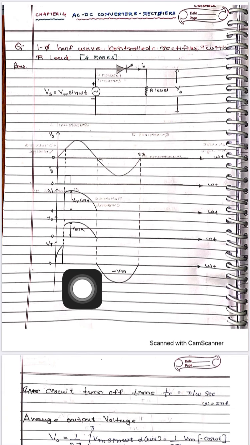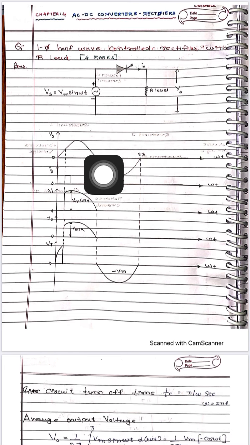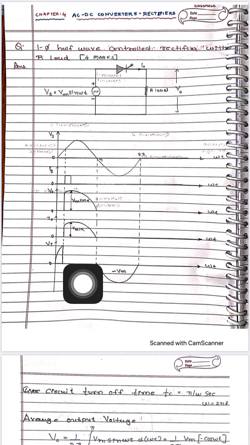Now, what will happen after alpha is equal to 30? From alpha equal to 30 to alpha equal to 180, that is pi, my switch is on. If my switch is on, what will happen? The voltage appearing across it is 0 or minimum. You can see over here, it is a minimum.